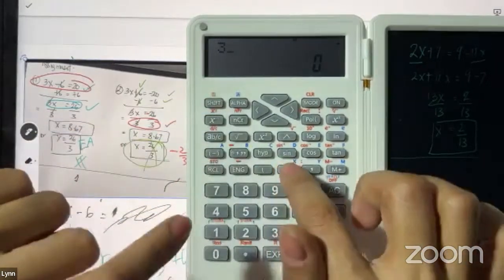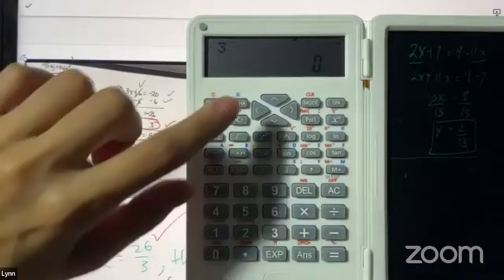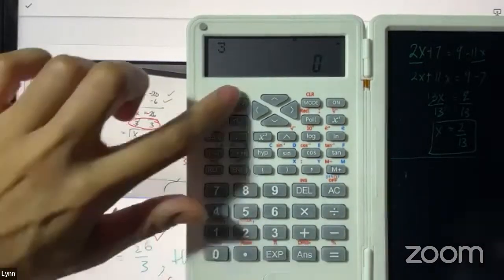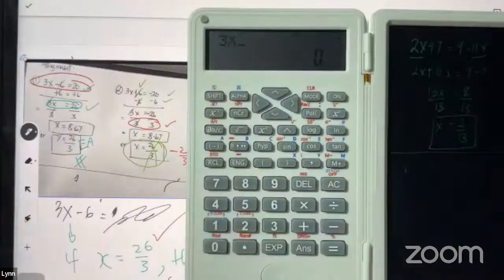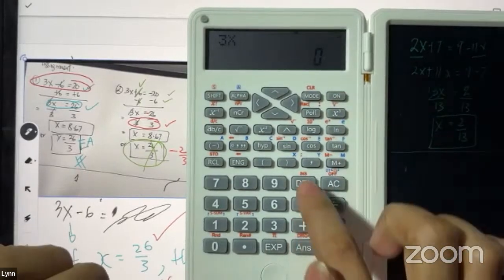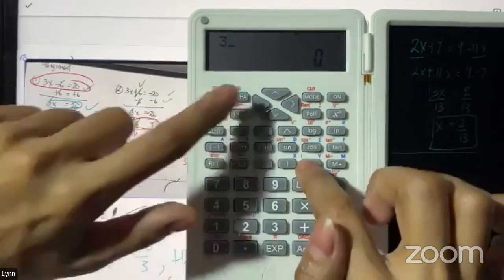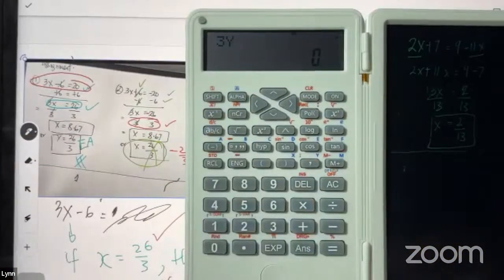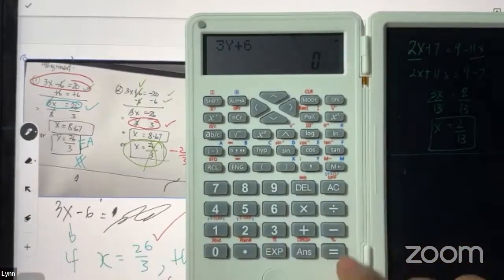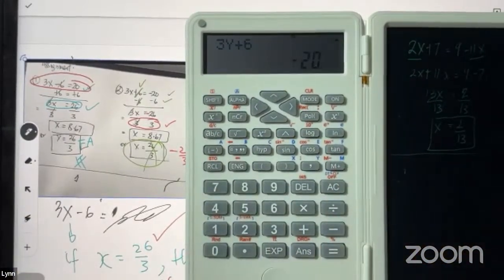Now you cannot use shift. Why can't you use shift? Because the letter is in blue. Shift is for storing, right? Now you also cannot use X. Why? Because you stored it in Y just now. Oh, I see. So you delete, yeah, very good. And then alpha Y. Then you plus 6, right? Okay, then equal. And the answer is minus 20.